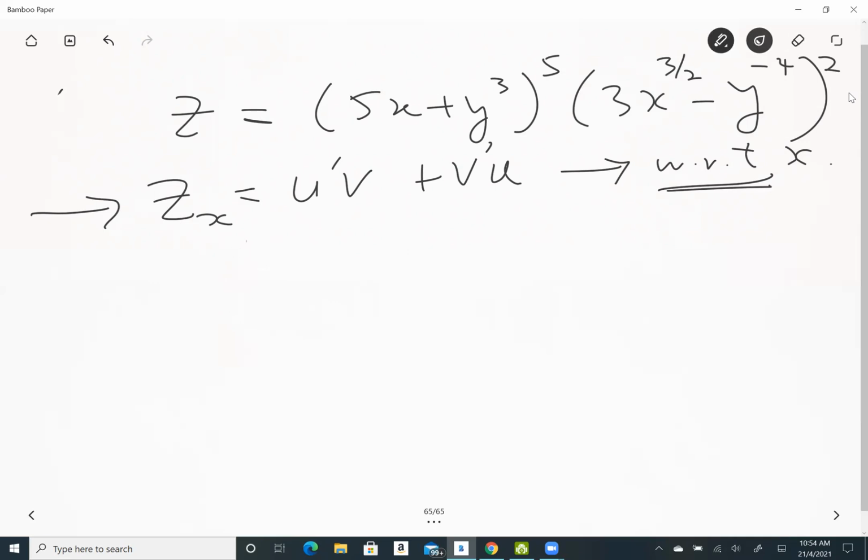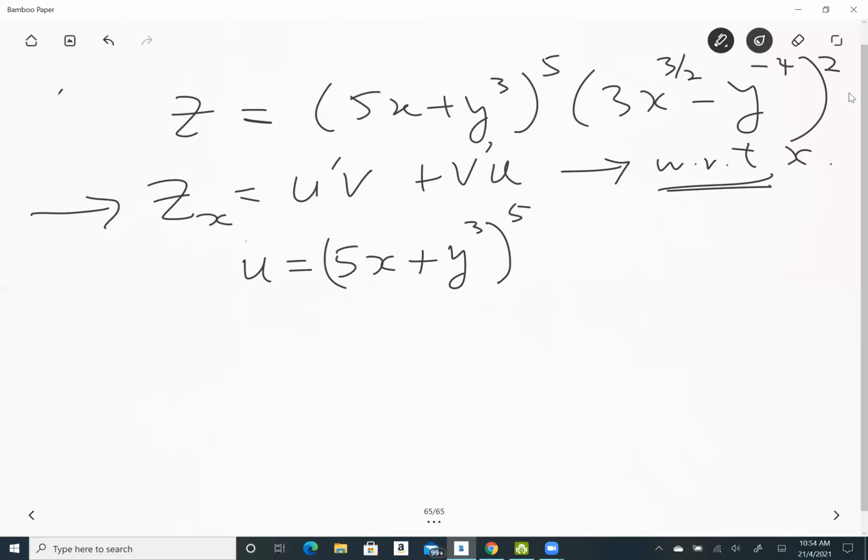So we let u be equal to the first term, (5x plus y cubed) to the power of 5. So now, the variable is x. y is a constant.